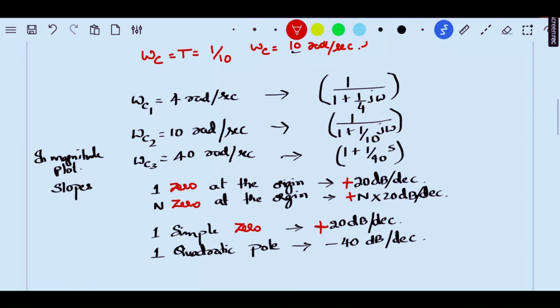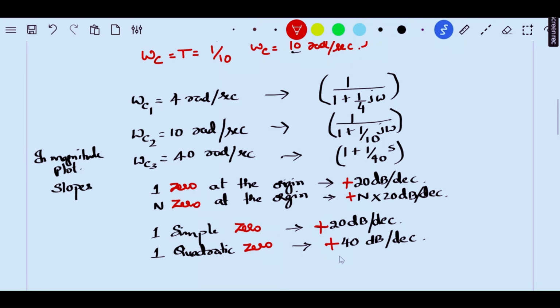Similarly, if you have one quadratic zero, then it will offer plus 40 dB per decade slope. So all zeros will offer plus slope and all poles will offer negative slope. Keep that in mind.